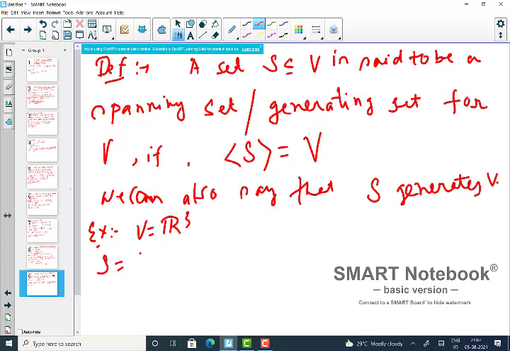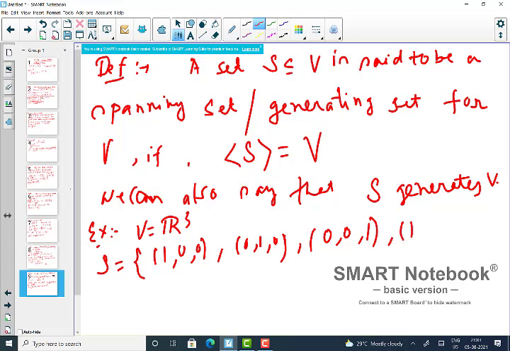If you take this set (1, 0, 0), (0, 1, 0) and (0, 0, 1), and you can choose something else also, (1, 1, 1), you see that this is also a spanning set of V. Maybe the last one is still a spanning set, but I just want to show you an example which is not exactly the nice one I am going to teach you.